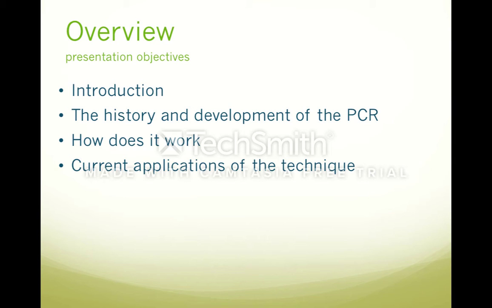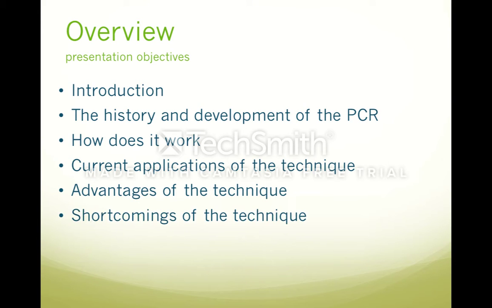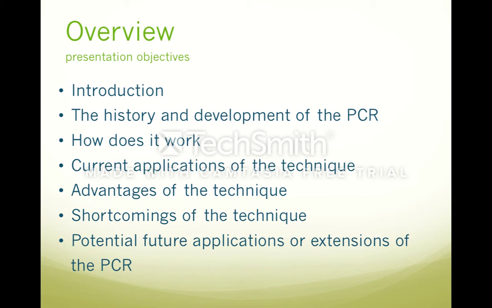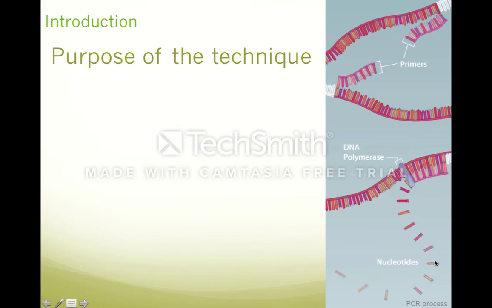We're going to see some examples of how PCR is applied in science, the advantages of the technique, the shortcomings of the technique, and the last aspect, but not the least, covered in this presentation is the potential future applications or extensions for the PCR.